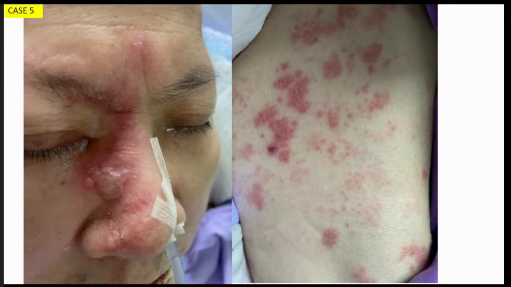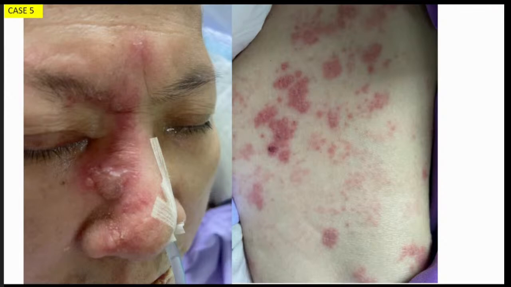No, so they start with a papule or sometimes it can be a blister. And then after that, it becomes ulcerated. And then it can become crusted, and necrosis.